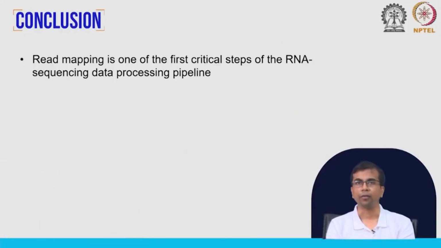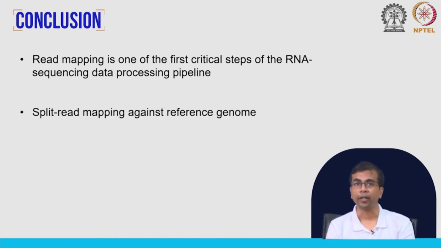To conclude, we have discussed the read mapping step and some of the algorithms used for this process, which is one of the first critical steps of the RNA sequencing data processing pipeline. The challenge we discussed is that in many cases we need split read mapping if we are aligning against a reference genome, so we cannot simply use Bowtie2; we need some other modifications in that algorithm.